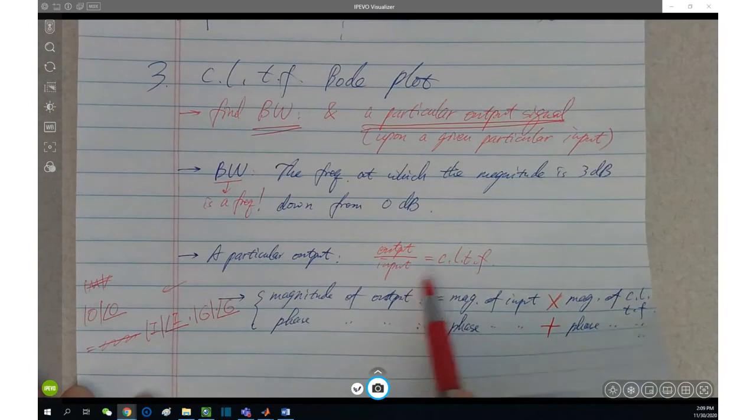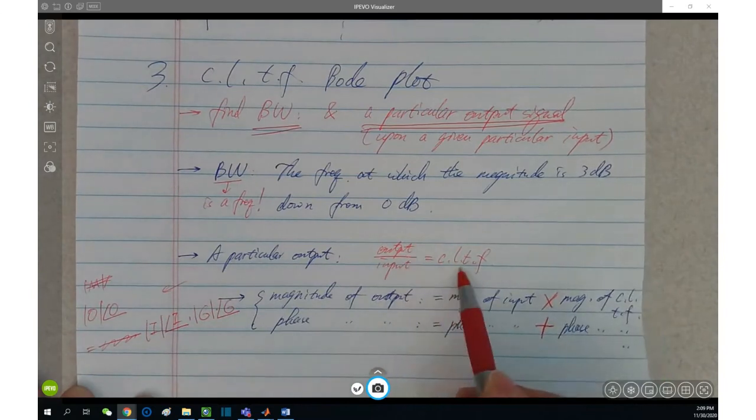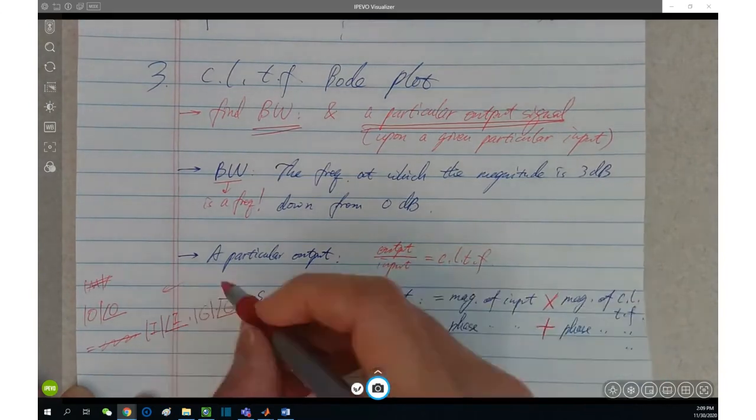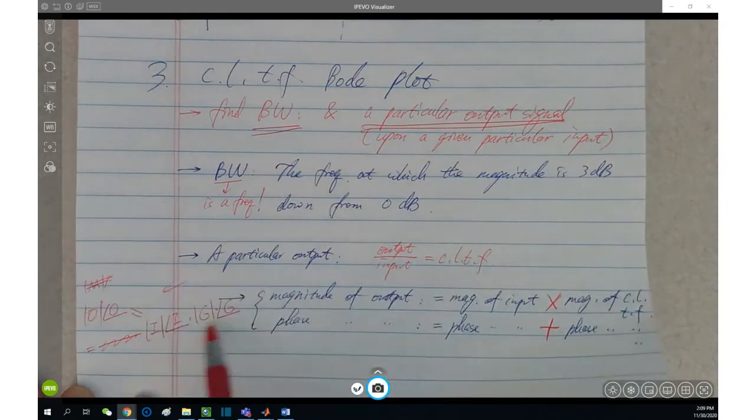Because of here, you see, output equals to input times closed loop transfer function. Okay, then your output just equals to the product between two phasors.